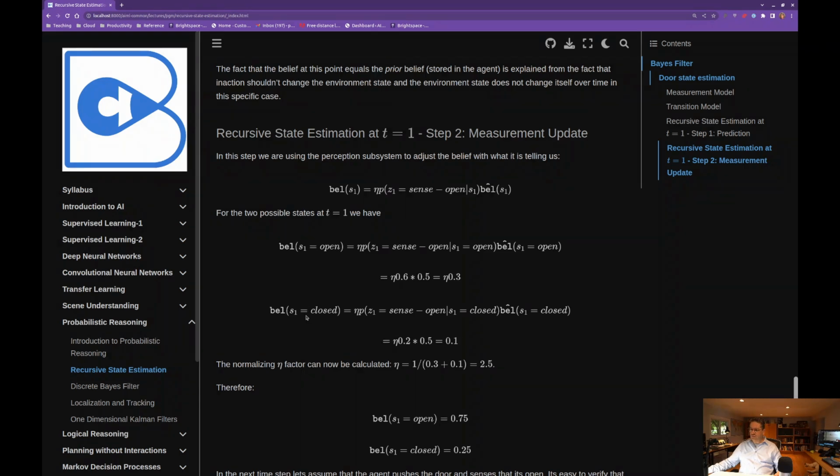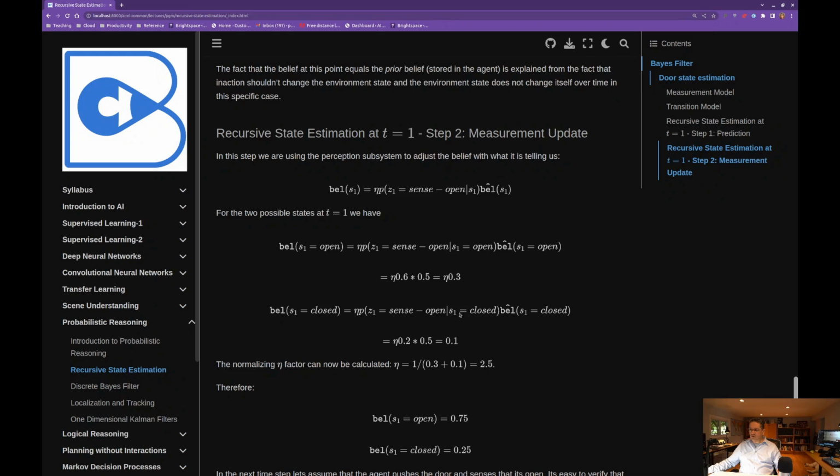For these two posterior probabilities, we need to specify at the end of the day a proper probability distribution, and this requires that the summation of these two should be equal to 1.0. Based on that requirement, we sum eta times 0.1 plus eta times 0.3, and make it equal to 1.0. From that equation, it's very easy to estimate eta, the normalizing constant, of 2.5 in this case.